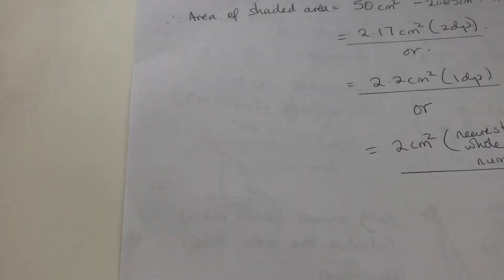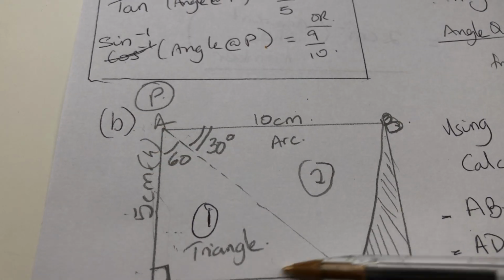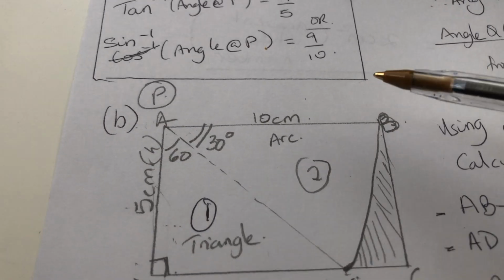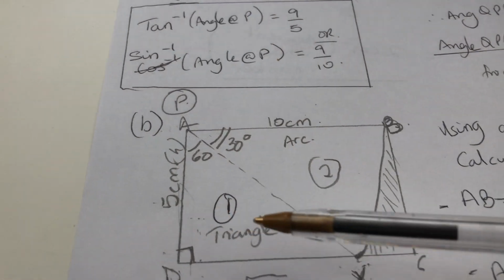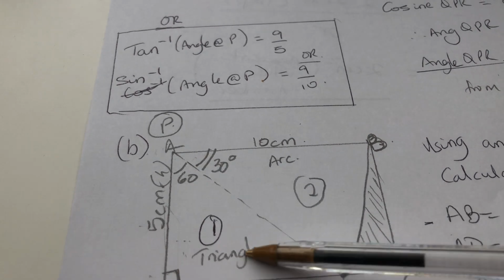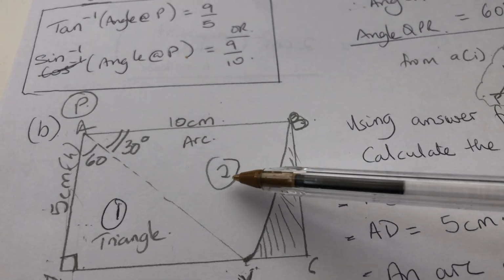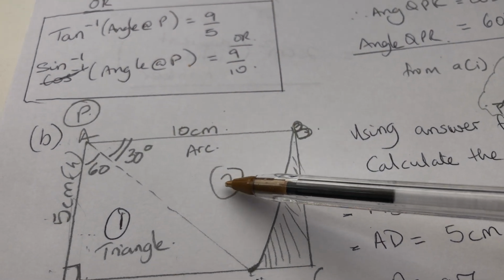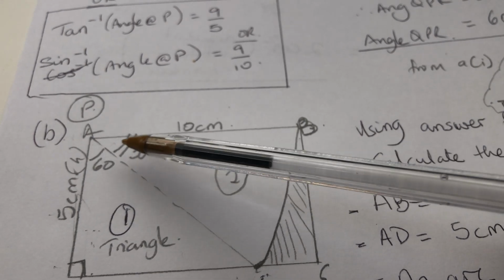So now, we know the area of this whole rectangle. Okay, we use this one to find the area of this part using half base times height. Okay, this part here, okay, we use this angle.